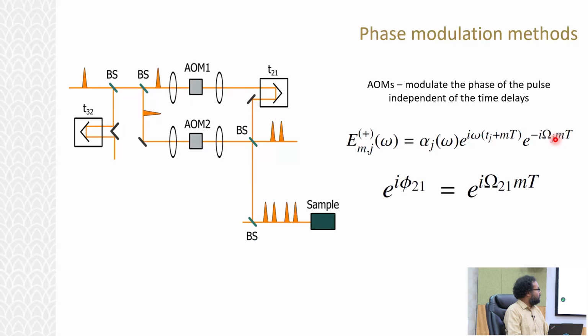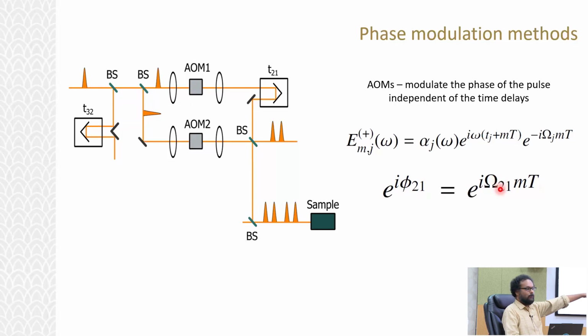So now if I add both the pulses, that's my phase added to my electric field, that's my phase difference, which will be time oscillating at the frequency of modulation difference between the two pulses.